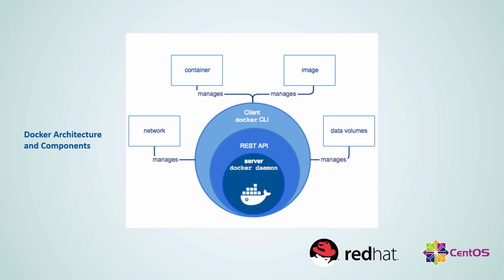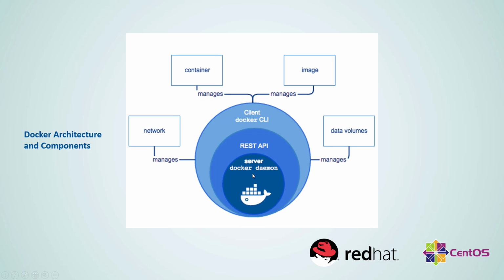When you are ready, deploy your application into the production environment as a container or an orchestrated service like Swarm. And this works the same whether your production environment is a local data center, a cloud provider, or a hybrid of those two.